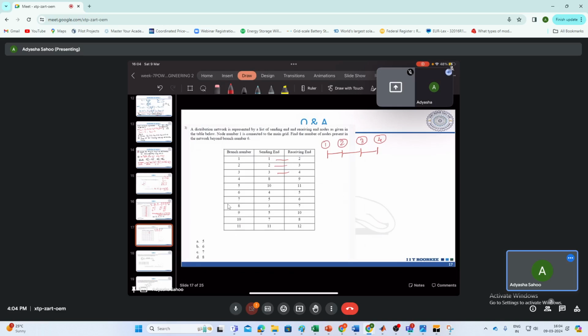Then 8 to 9. But 8 is not on the receiving end side, right?